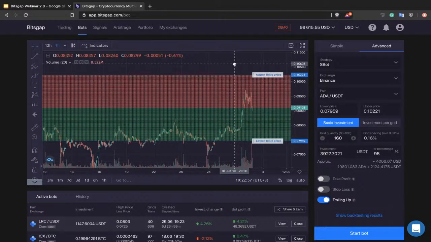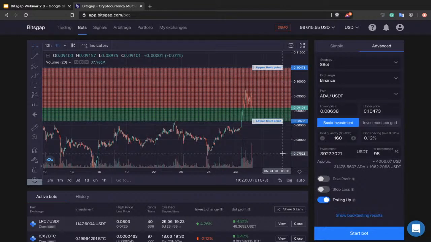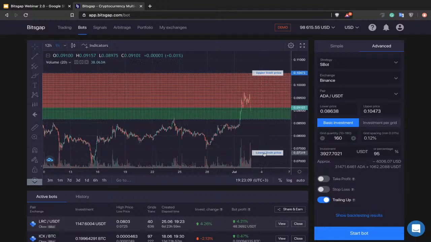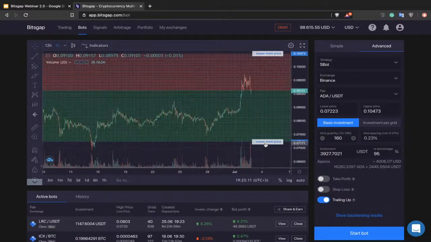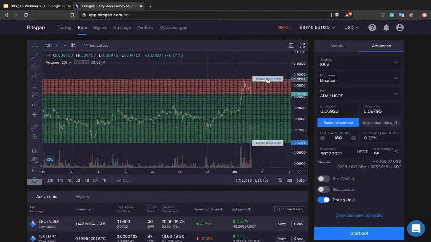So let's say I want to have a wider sell zone and a narrow buy zone. You can easily adjust in any way you want. Maybe you want to have a wide buy zone, whereas a narrow sell zone. As simple as that.